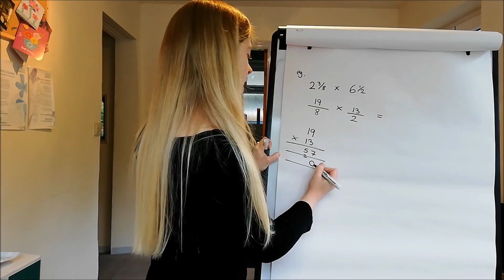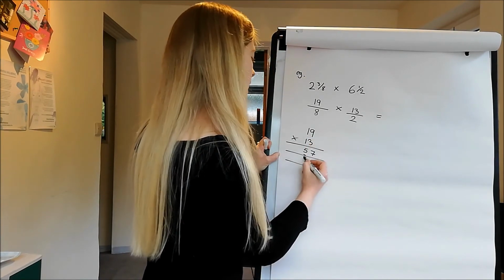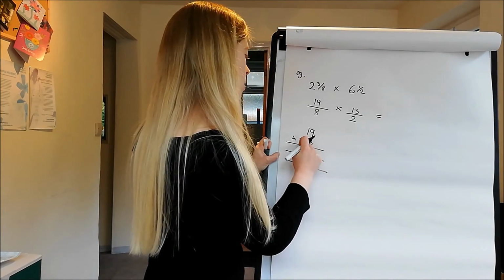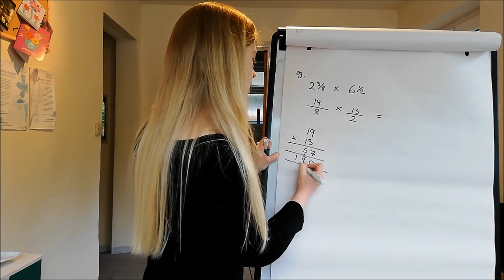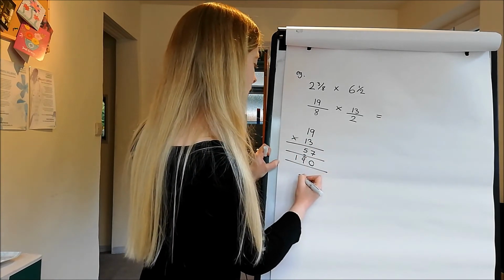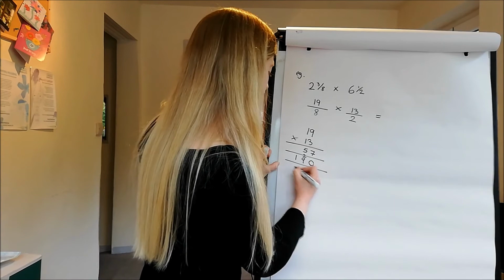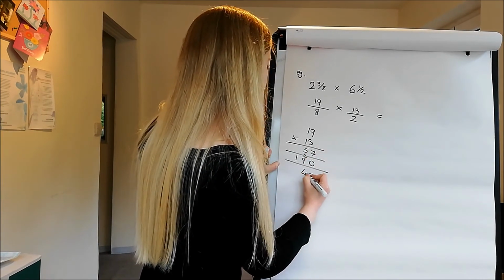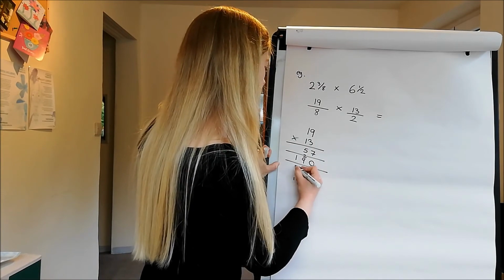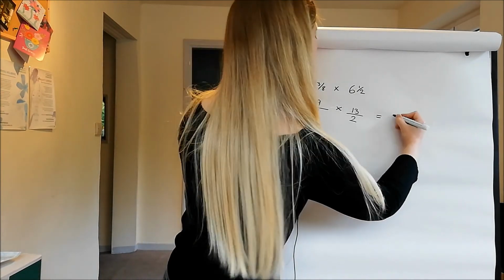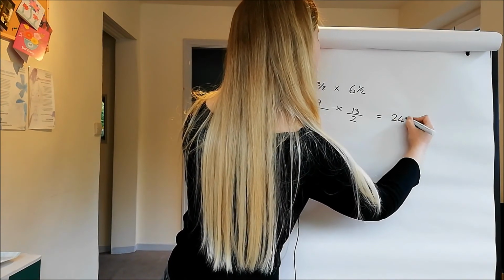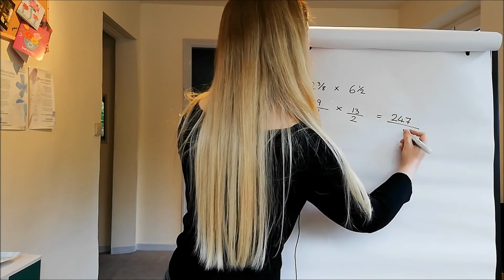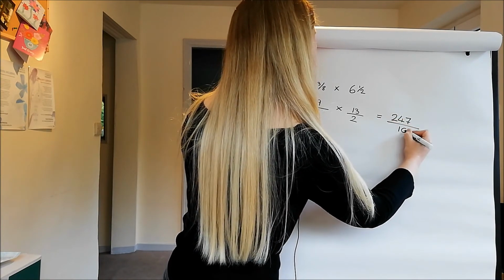Block off with a 0. 1 9 is 9. 1 1 is 1. And then I need to add those bits together. So 7 plus 0 is 7. 5 plus 9 is 14. 1 plus 1 is 2. So I have 247 over 16.